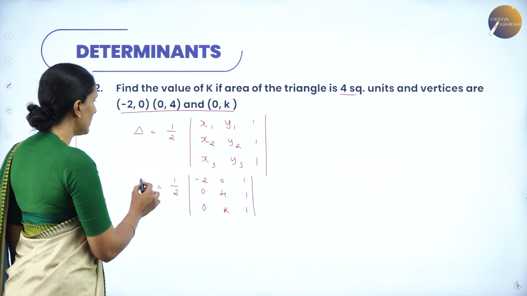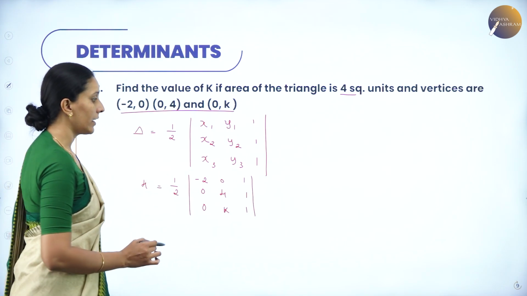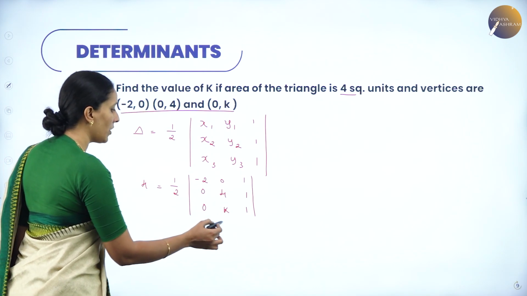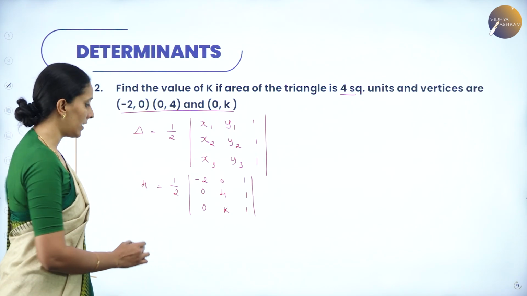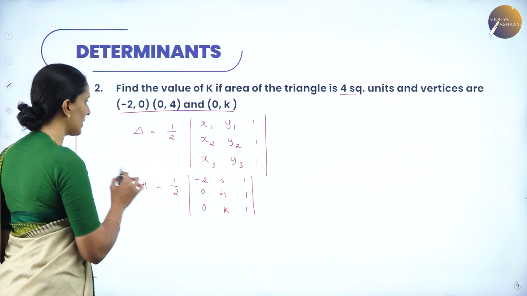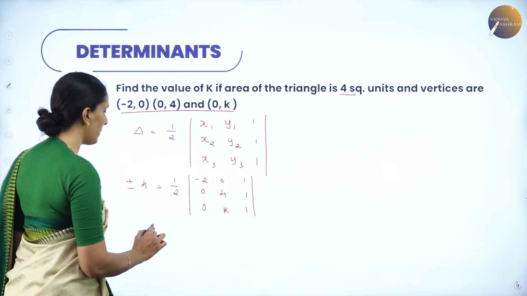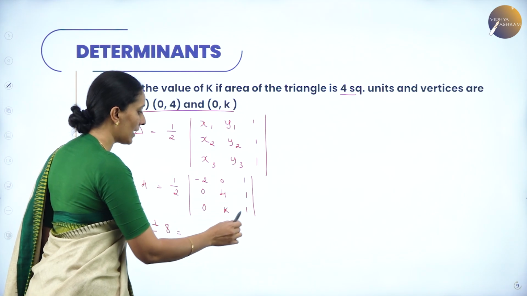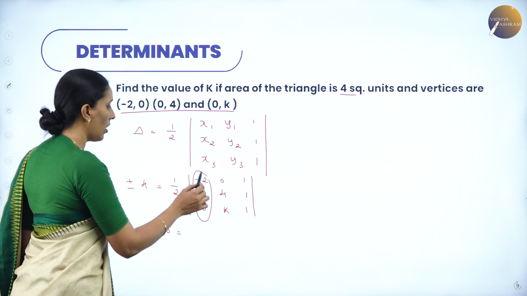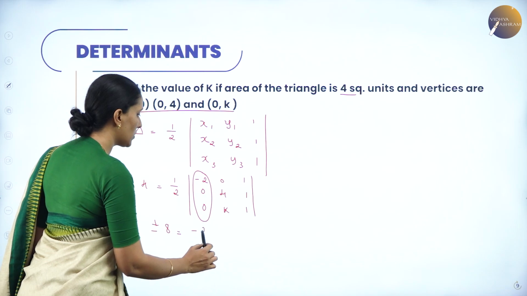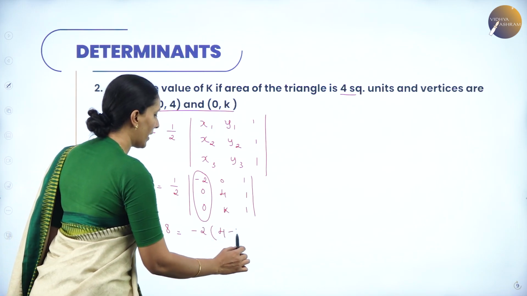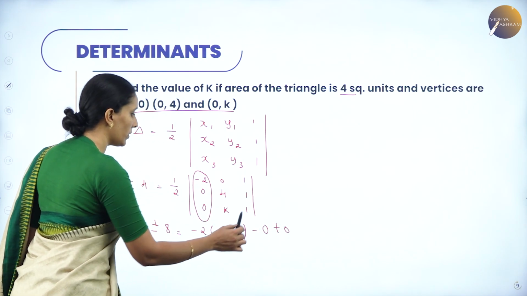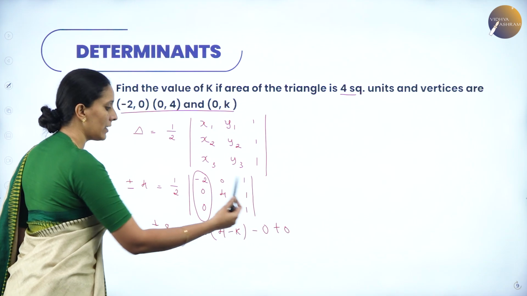Since we are finding the coordinate here, the value of k may be positive or negative. When any unknown element is found inside the determinant, you can use plus or minus for the area. So now it becomes plus or minus 8 because 2 4s are 8. When you calculate the determinant, I'll go column wise. We have minus 2 into 4 minus k, then minus 0 plus 0, because 0 into determinant is again 0.